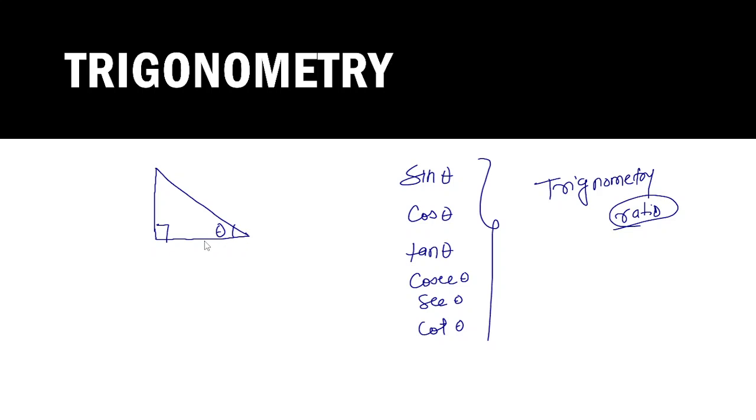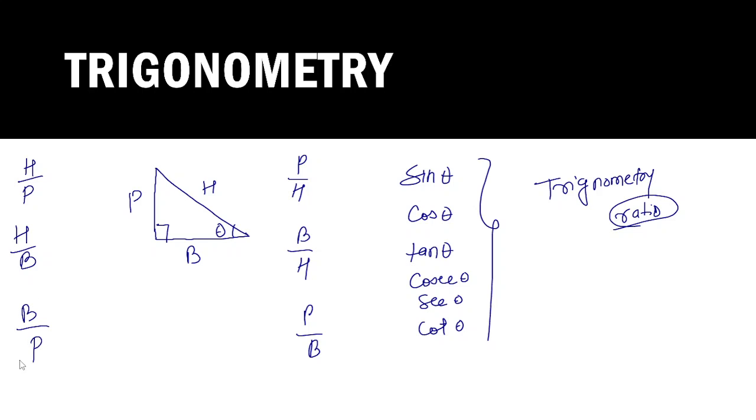If we consider this one is theta, so this one is perpendicular, this one is hypotenuse, and this one is base. Right. So from three sides of right angle triangle, we can make six ratios. That is perpendicular upon hypotenuse, base upon hypotenuse, perpendicular upon base, hypotenuse upon perpendicular, hypotenuse upon base, and base upon perpendicular. These are the six ratios we can make from three sides of any right angle triangle.